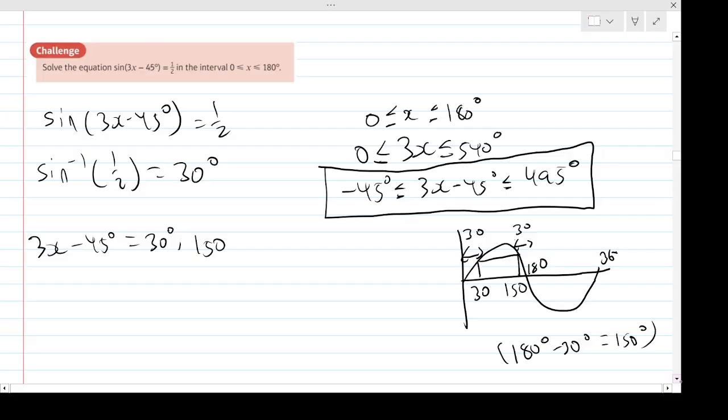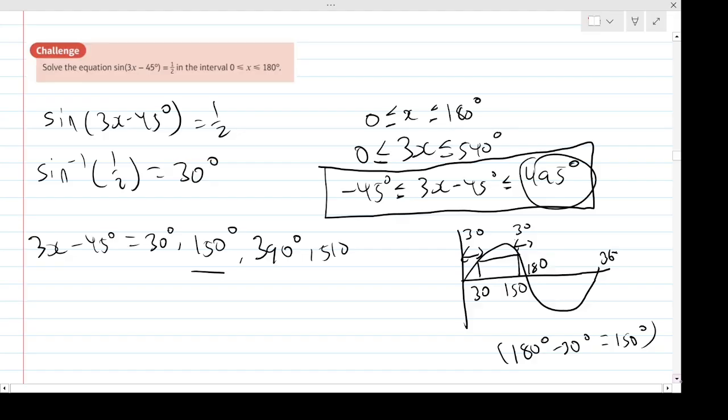Well, to get more solutions we just need to add 360, because then the graph repeats every 360. So if we add 360 to 30, we get 390. Then if we add 360 onto 150, we get 510. Well, that's out of the limit, isn't it?